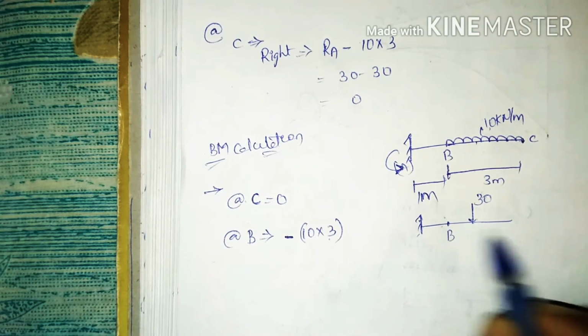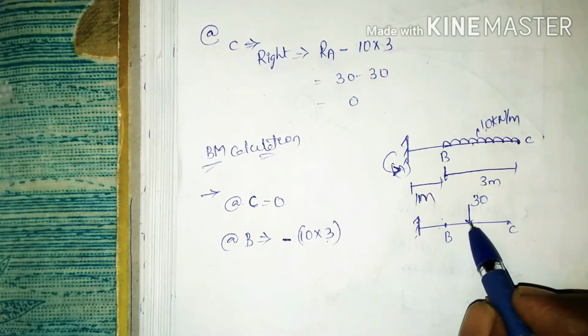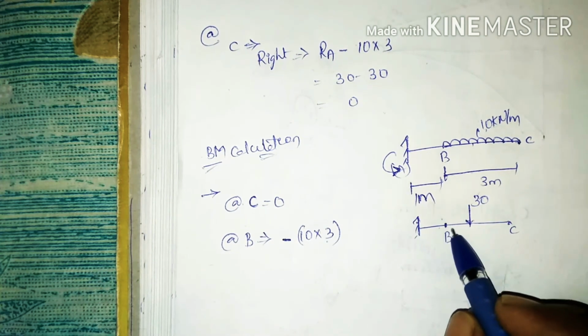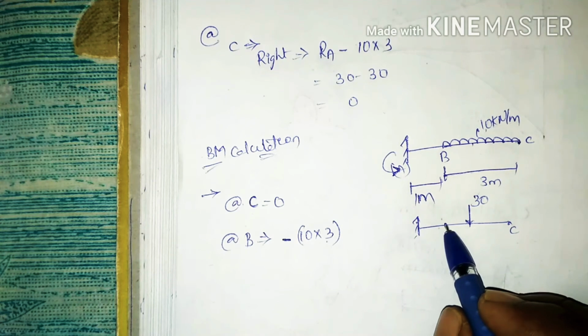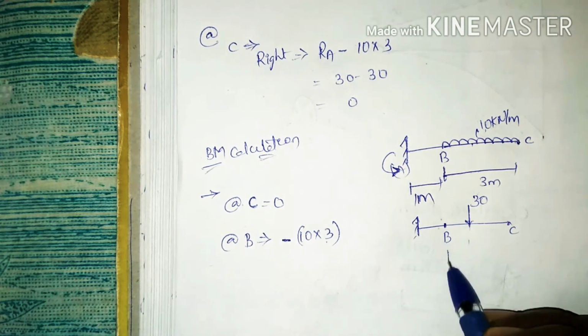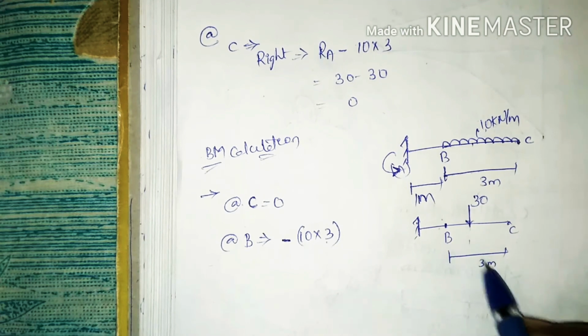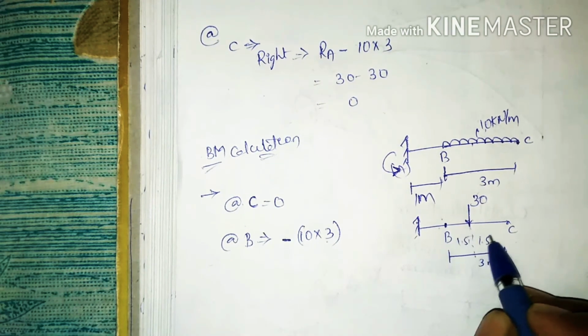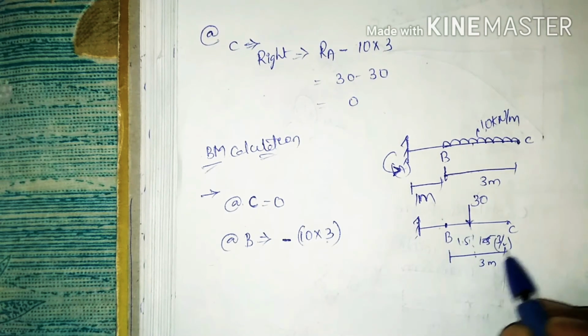Here it is point B and here it is point C. The moment is taken from the midspan of the beam, which is the midspan from B to C. This is 3 meters. The midspan of the 3 meters is 1.5, that is 3 by 2, which is multiplied by the perpendicular distance 3 by 2.